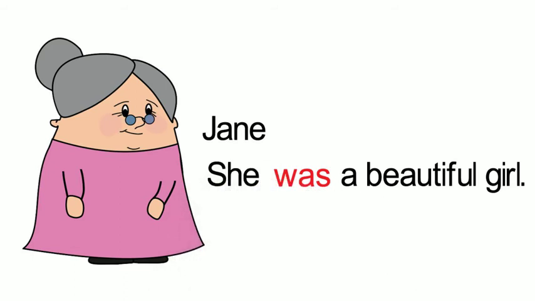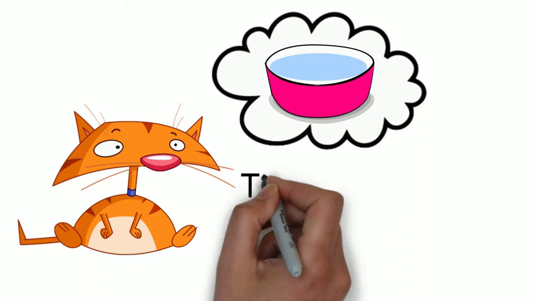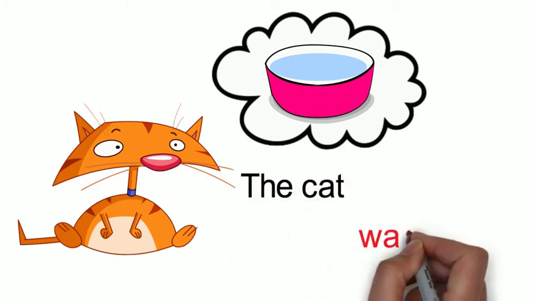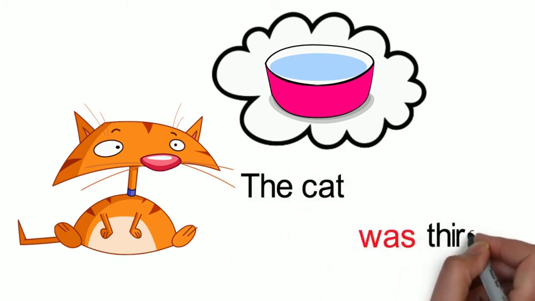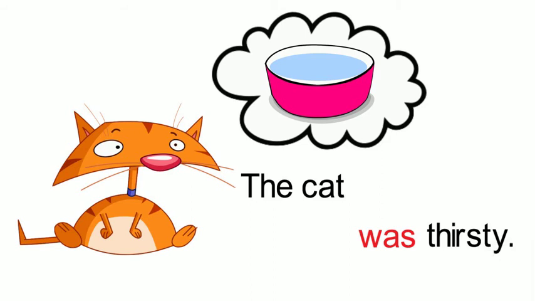So it could be, she was a beautiful girl. In the sentence, the cat was thirsty after its long walk, the pronoun for cat is it. So the matching verb form of to be in the past is was. It was thirsty after its long walk.